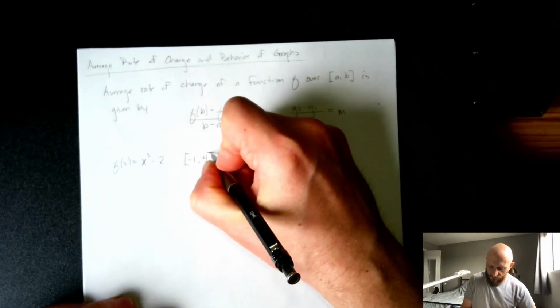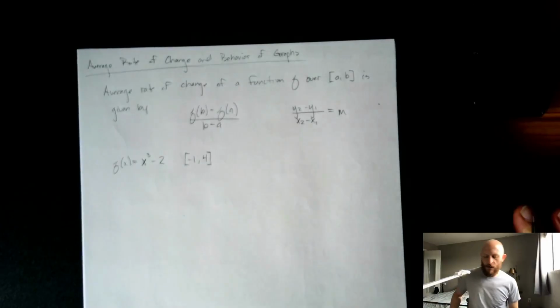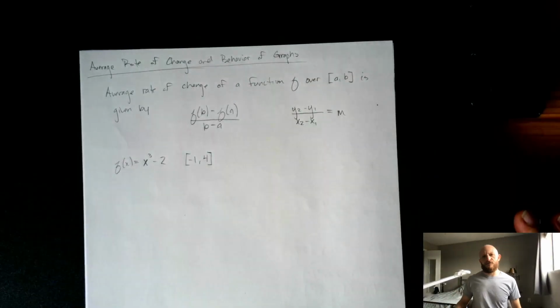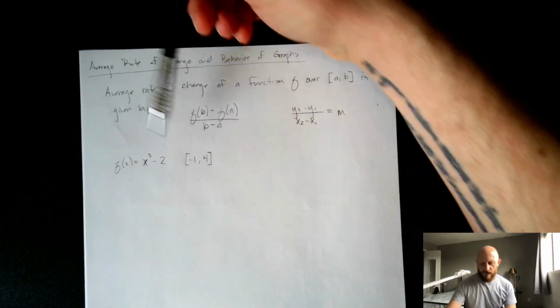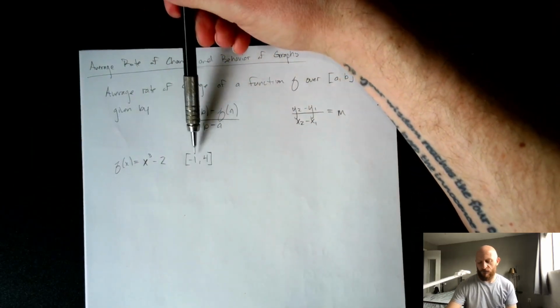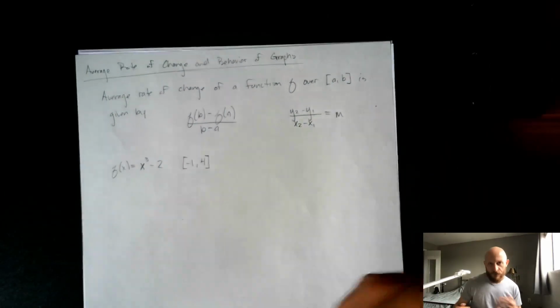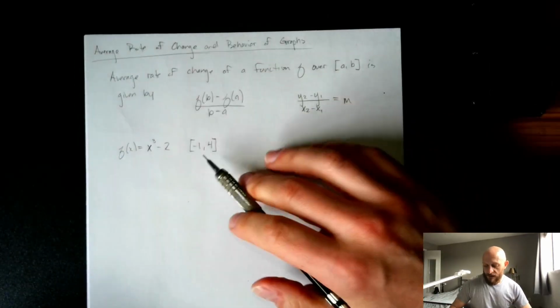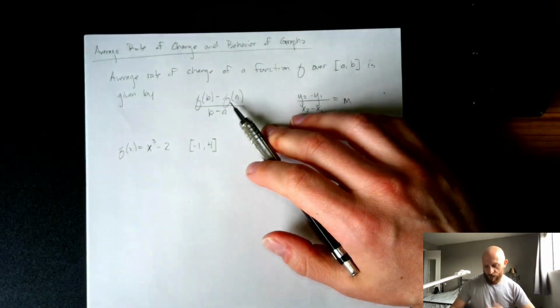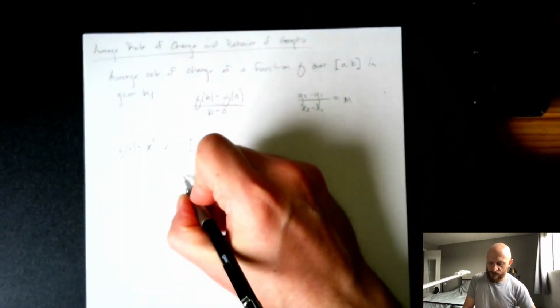I can do 4 cubed. Okay, so if we want to find the average rate of change of f of x equals x cubed minus 2 on the interval from -1 to 4, well, what are the pieces that we're going to need? Let's first rewrite the formula using our new function. We're still going to write it in function notation.